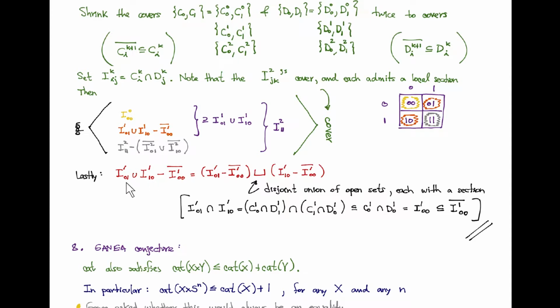What's the intersection of these two things? I claim that it's contained here. So I'm removing the intersection. Because if you intersect these two guys, by definition, these are at the level 1, the intersection of the 0 and 1 pieces, and the intersection of 1 and 0 pieces, and I can just keep this piece and this piece.